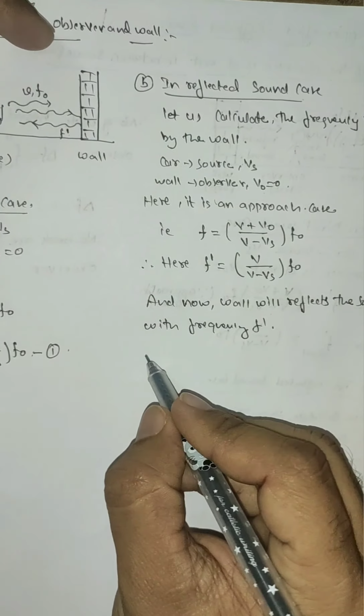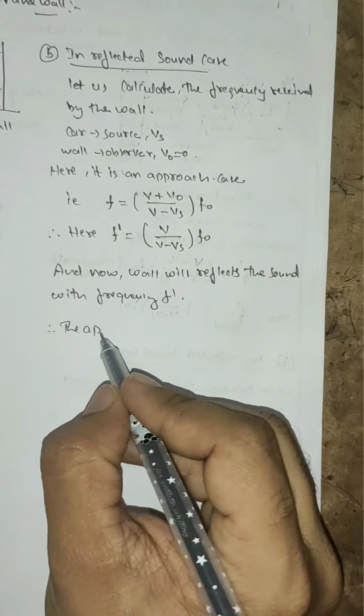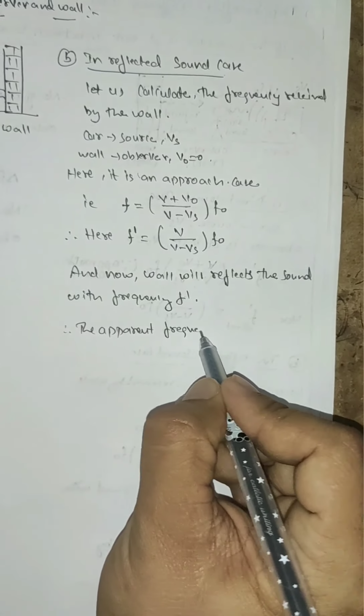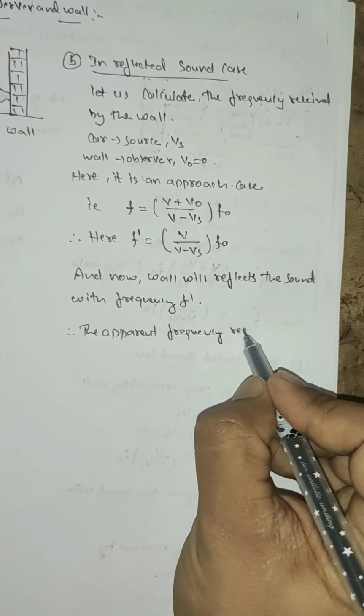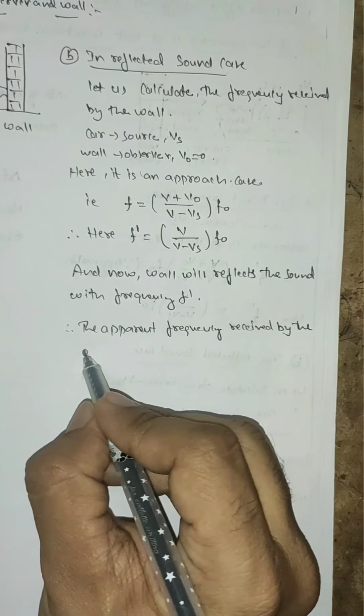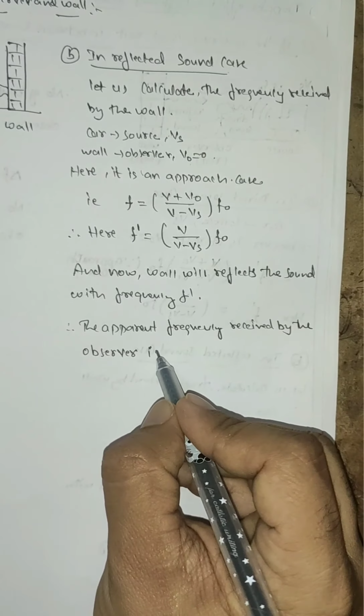Now, therefore, here is the apparent frequency received by the observer.